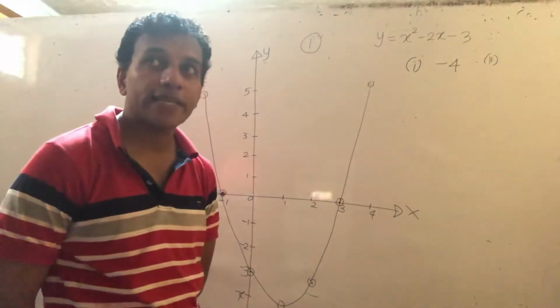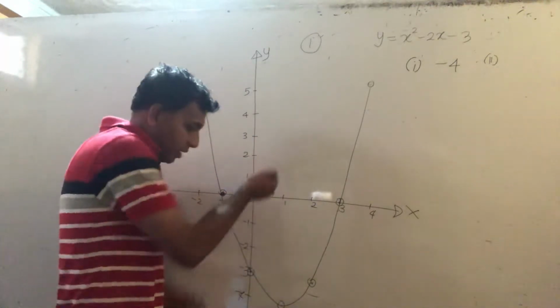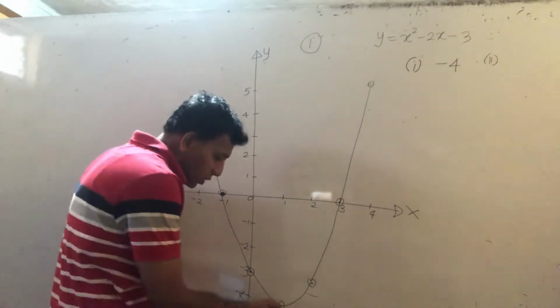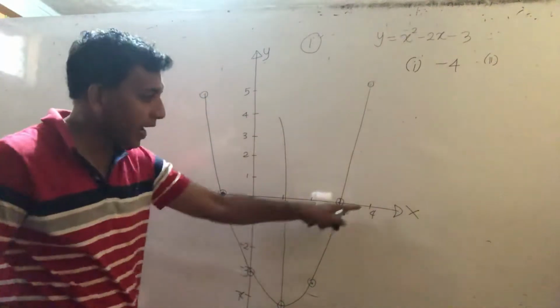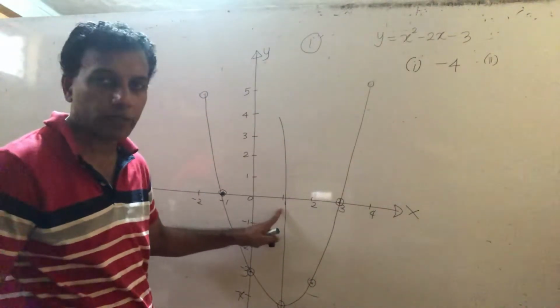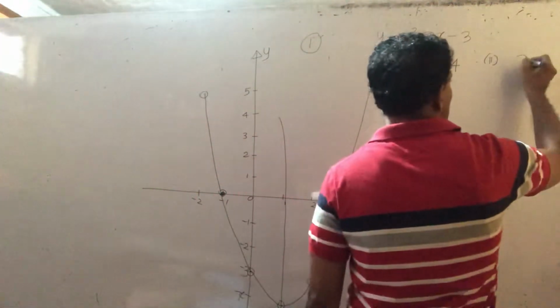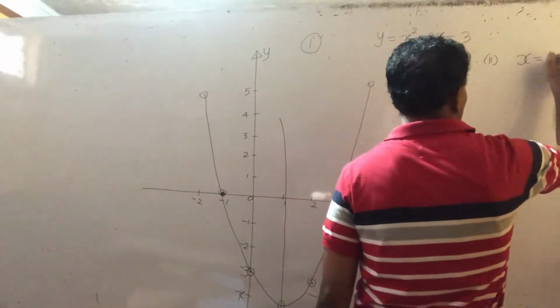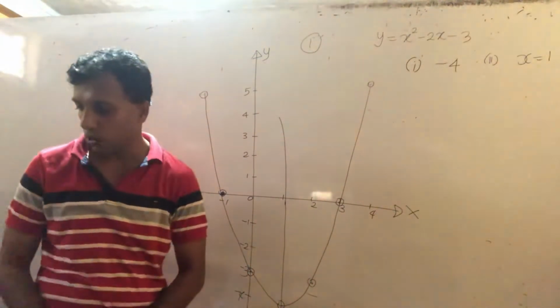The symmetric axis goes through the minimum value, draw a line. If you draw a line through the minimum value, it cuts the x-axis at 1. So x equals 1. Symmetric axis equation: x equals 1.